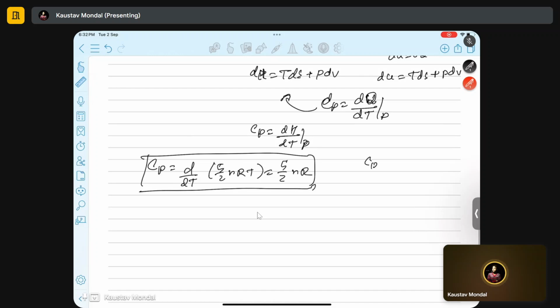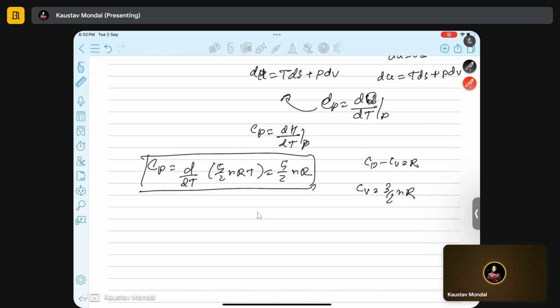Now Cp minus Cv is equal to R, so if you know the Cp, you can calculate the Cv. Cv is equal to 3 by 2 nR, right? Which is consistent with the thermodynamic result. This 3 by 2 nR is actually the specific heat of an ideal gas, right? So anyway, this is true.